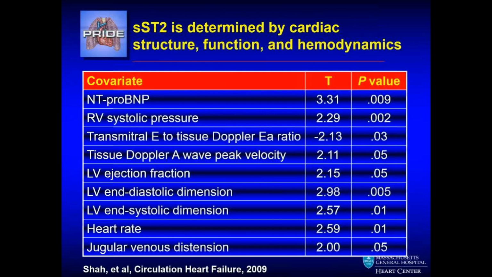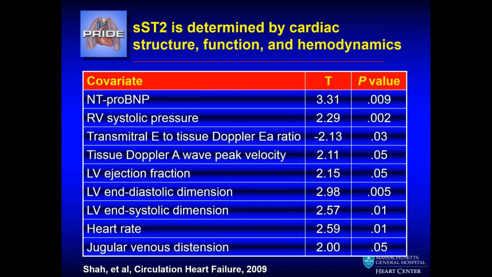First, one of the questions that people ask is what information are we gaining by measuring ST2 concentrations in patients with acute heart failure? And this is an older study that we did almost 10 years ago now, looking at the predictors of ST2 concentrations in patients with acute heart failure.